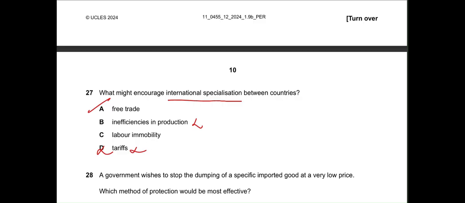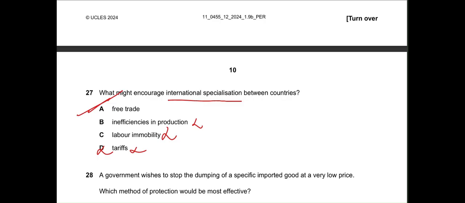Labor immobility also doesn't make sense, because if laborers are not mobile enough, you will not be able to specialize, or your production would be hampered. So the most correct answer would be option A, free trade.